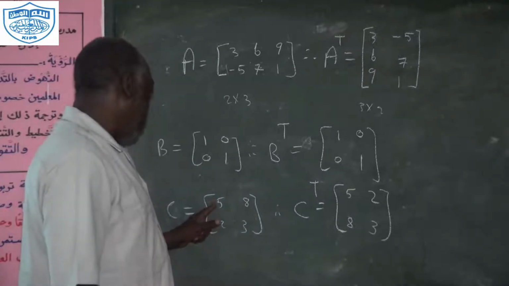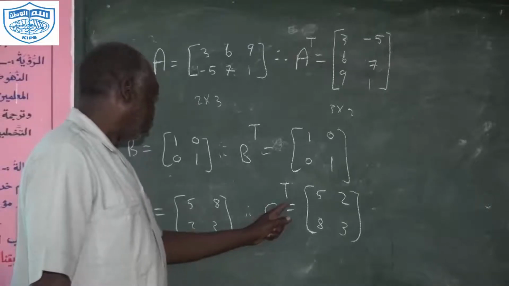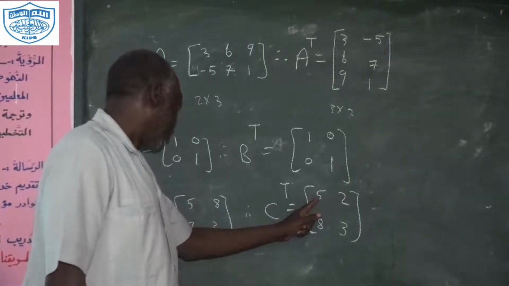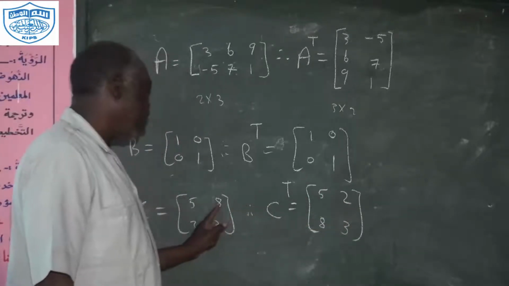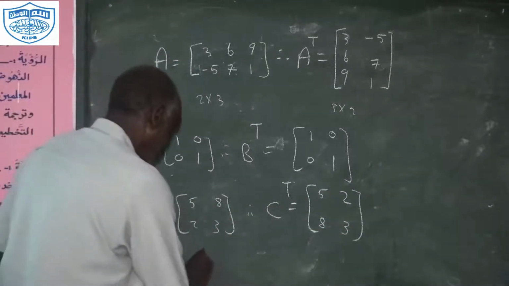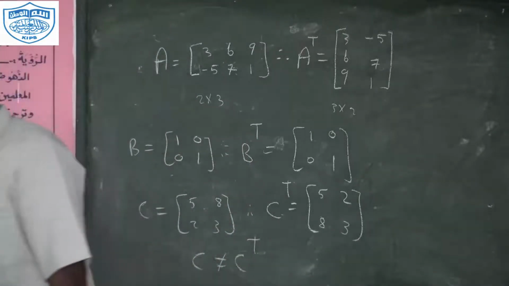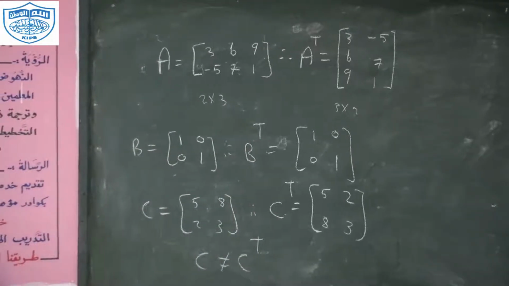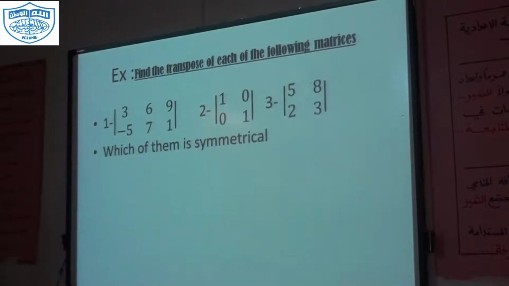C11 equals 5, and in the transpose of C the first element equals 5. But the last one, the element 12 equals 8 in C, but here equals 2. So C does not equal C transpose. In this case, this is not symmetrical. We say that the matrix is symmetrical if it equals its transpose, and C does not equal C transpose. In this case, the matrix is asymmetrical.